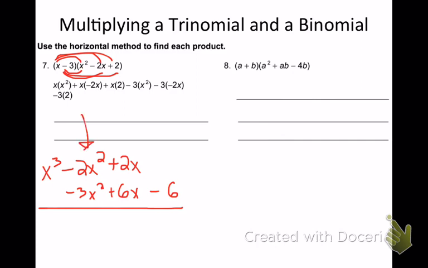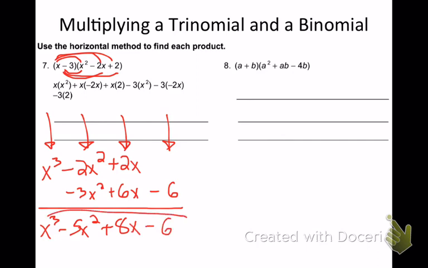My x squareds line up, my x's line up, my constants, and my x cubed. So everything lines up nice and neat. Now I'm just going to combine like terms. So I get x cubed minus 5x squared plus 8x minus 6. And there's my answer.